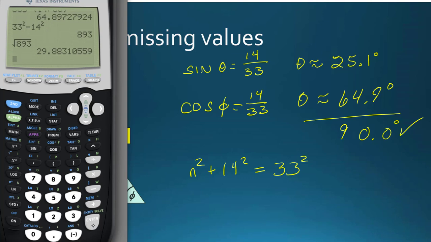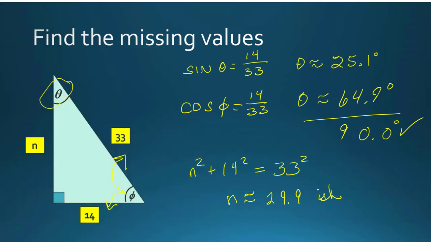29.8. So 29.9-ish. So n equals about 29.9-ish. Now, if you want to do a check, this number, 29.9, is less than 33, smaller than the hypotenuse. It's opposite the bigger angle. So this is 64.9, and this was 25.1.